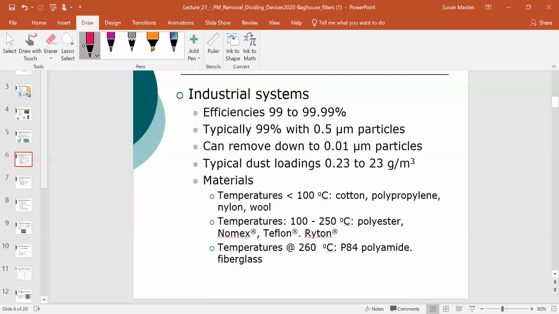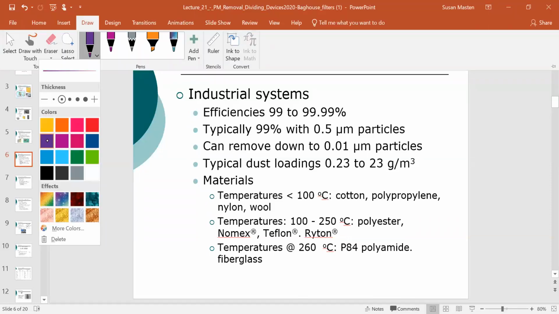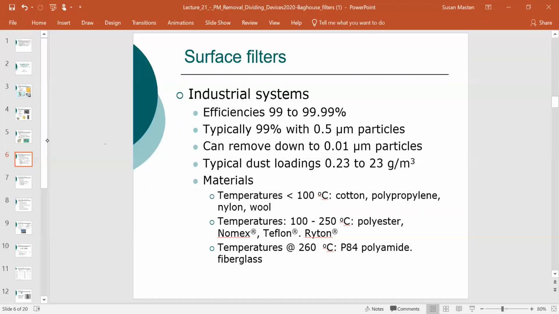Now, a variety of materials can be used, and notice that there are significant temperature differences here.